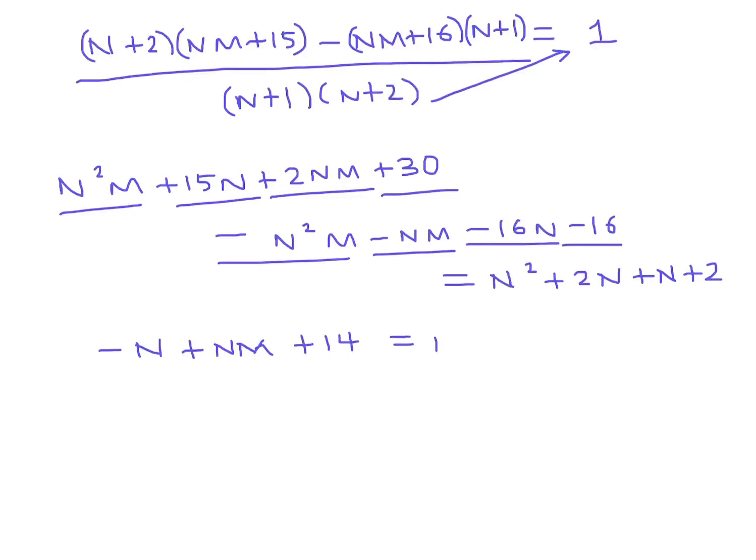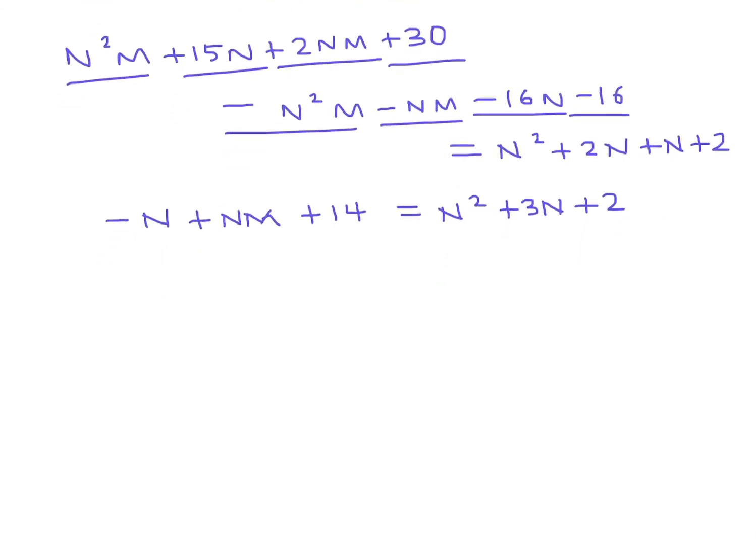And then this side is n squared plus 3n plus 2. So hopefully no mistakes. Hopefully we're good so far. Let's put everything on one side. n squared. Bring the minus n over, and that becomes 4n minus nm, and 2 minus 14 is minus 12. Equals 0.